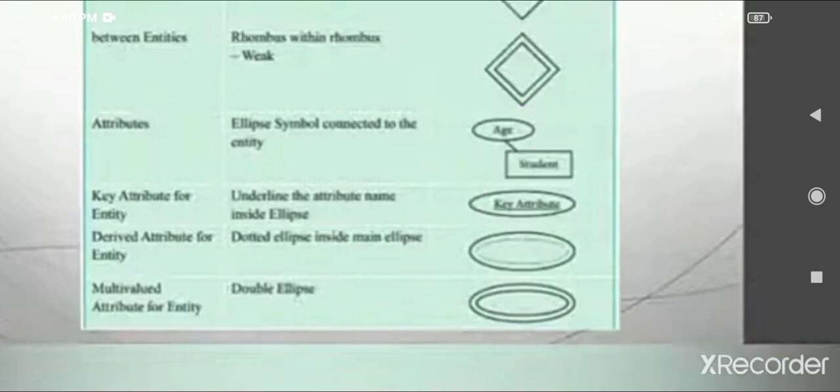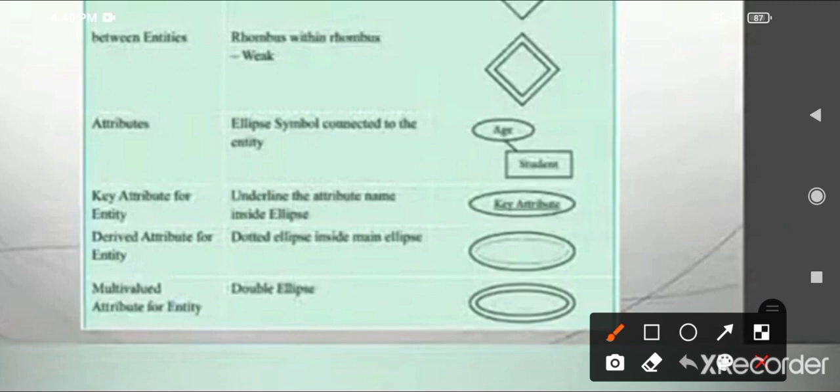The next one is the key attribute for an entity. Here we underline the attribute name inside the ellipse. So this is the symbol of a key attribute for an entity.